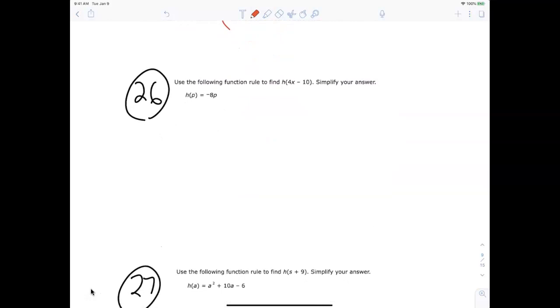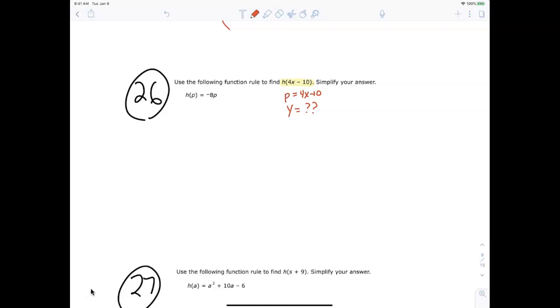Now, this is the kind of stuff that seems a little bit more advanced, but it's very simple. The question is, what is h of 4x minus 10? That literally means when the input is 4x minus 10, what is the y value? What does that mean to do? That means to plug in that value. In this case, I made a mistake because I didn't realize they were talking about p. So p is equal to 4x minus 10.